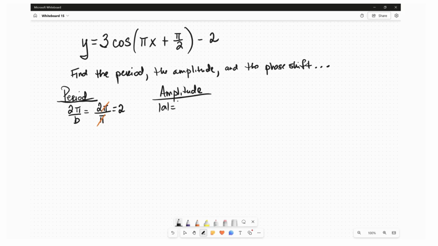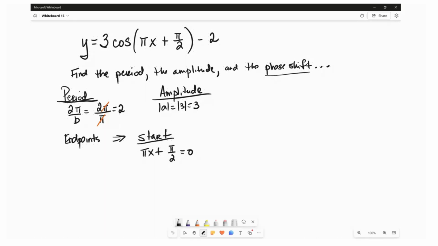All right, great. And then for phase shift again, you can do the endpoints. Where you start is your phase shift. So that's pi x plus pi over 2 equals 0. You're going to end at pi x plus pi over 2 equals 2 pi.